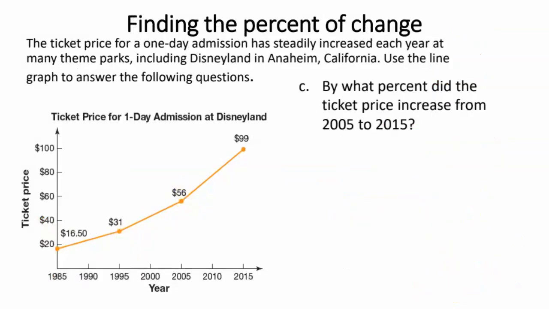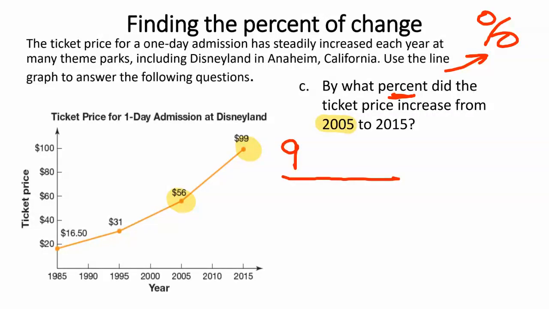Now, here we go. Again, this is saying 2005. Okay, that's right here. 2015, which is here. And remember, I do not have this symbol, which means I've got to make it a percent, which means this is 99 minus 56.